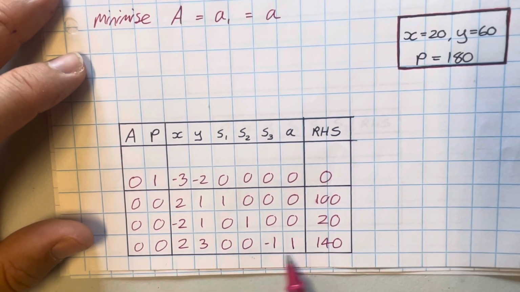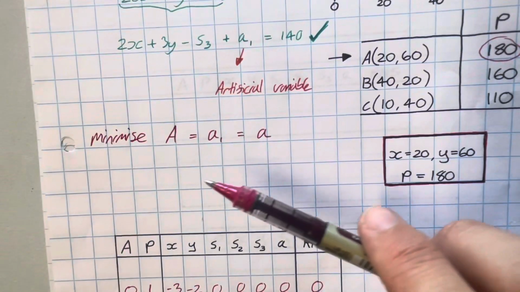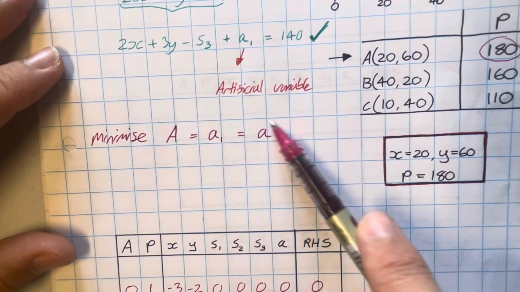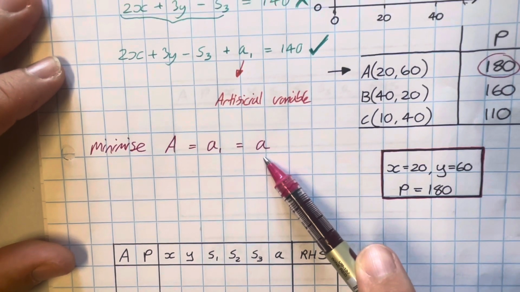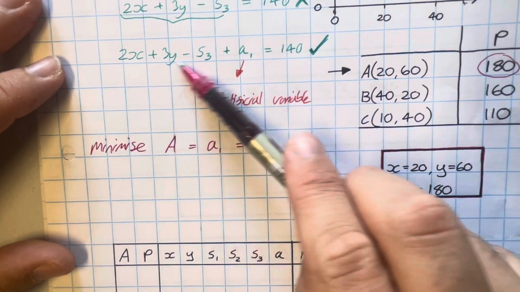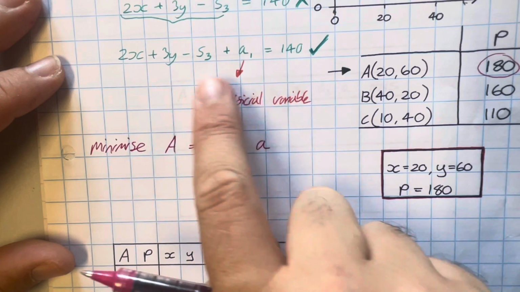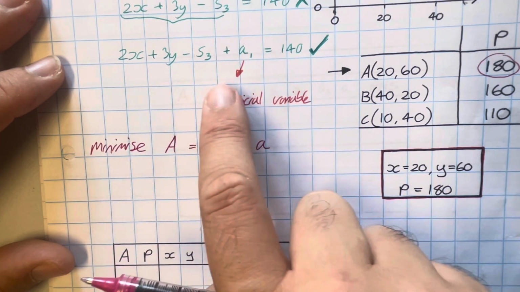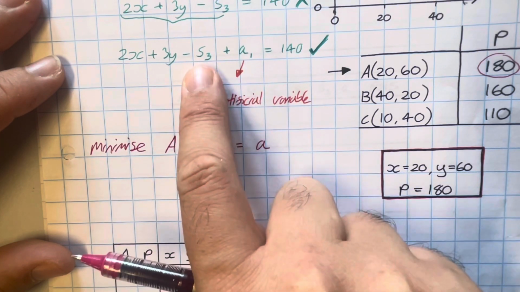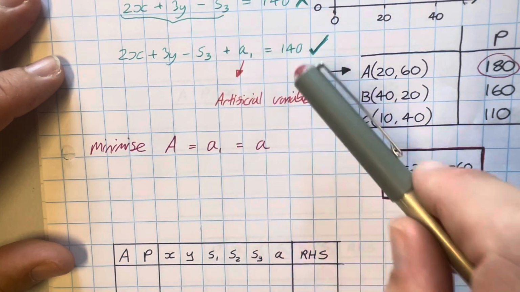Now, in this objective here, we don't want little a to be here. What we really want is to bring capital A in terms of all the other variables, the objective variables x and y, and our surplus variable S3. You could rearrange if you wanted to.